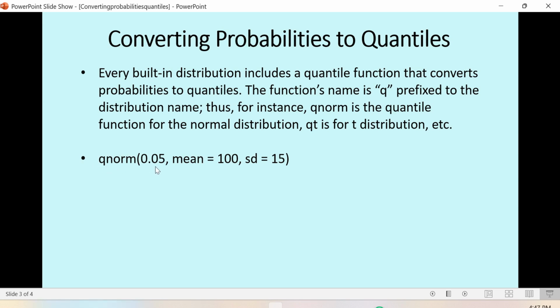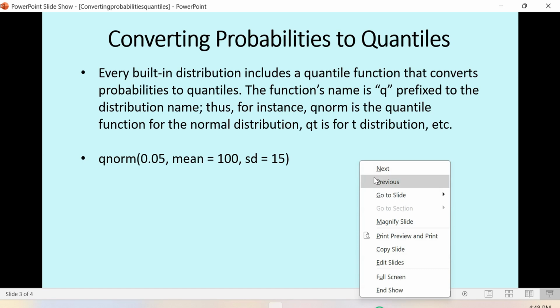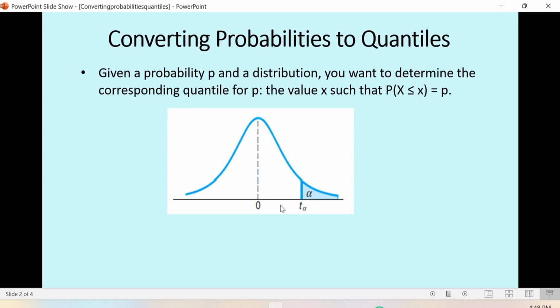So qnorm 0.05, mean 100, SD 15, means we will calculate the normal value with cumulative probability 0.05, where the normal distribution has mean equal to 100 and standard deviation 15. If this is a normal distribution, this quantile value may be here, right? Because 0.05 is on the left side of this value.